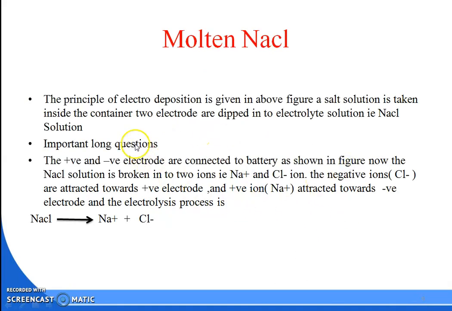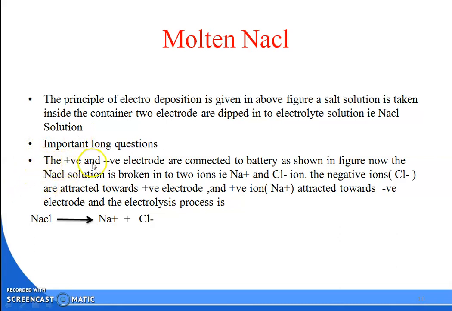The principle of electrodeposition is given in the above figure. A salt solution is taken inside the container. That container is known as electrolytic bath. Two electrodes are dipped into electrolyte solution, that is NaCl solution.